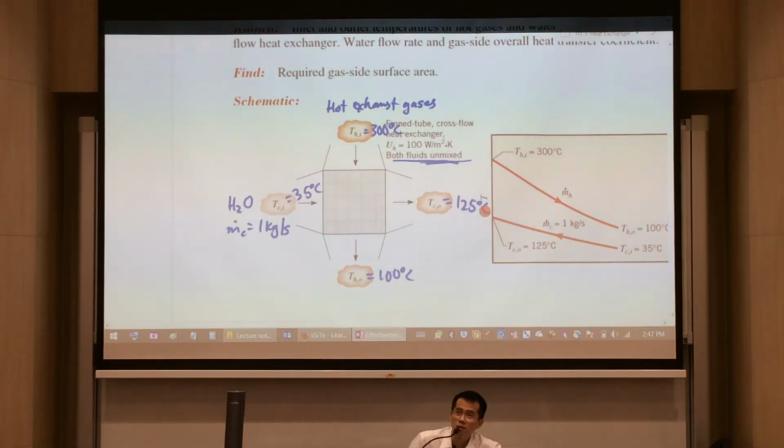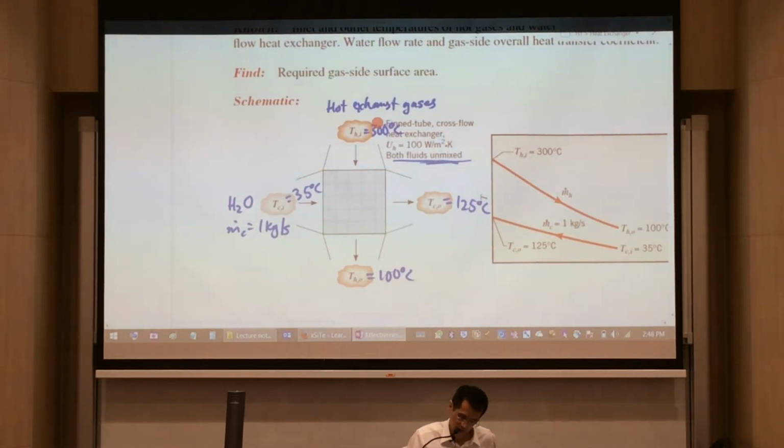So sometimes it's good to develop that engineering sense. Take a step back and look at it. Are those temperature numbers reasonable? If this one were to exit at a temperature that's 500 degrees Celsius, tell yourself, hey, something is not right and it can't be. This one cannot be exiting at a temperature that's higher than 300 degrees Celsius. No way.